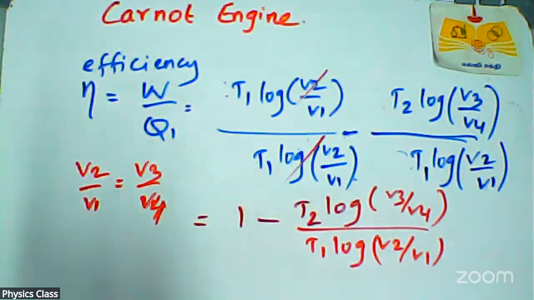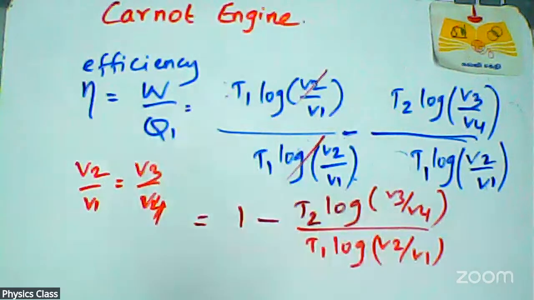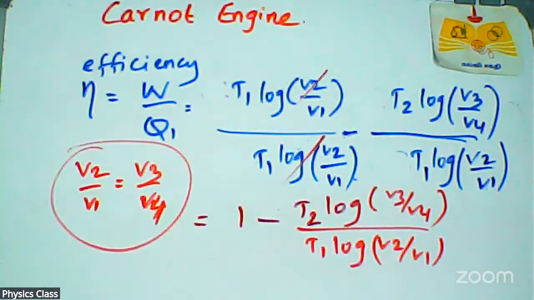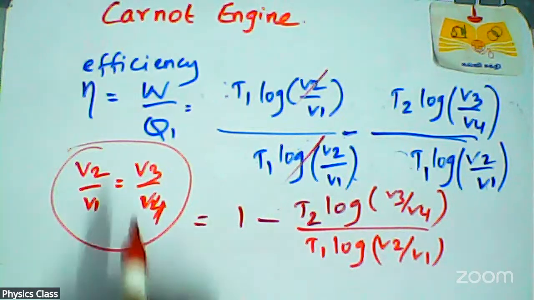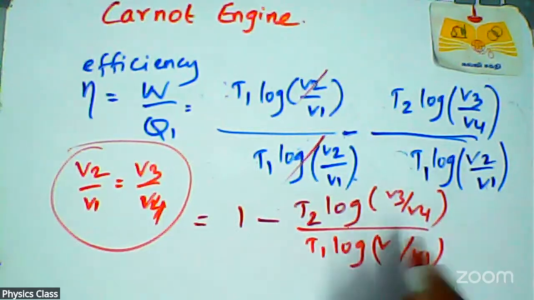From the adiabatic process, we can prove that V2 by V1 equals V3 by V4.